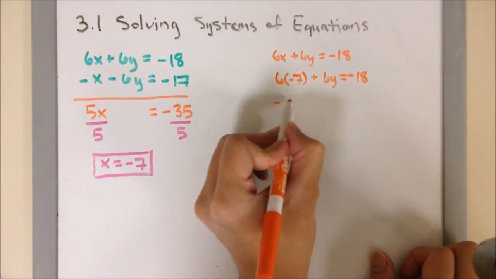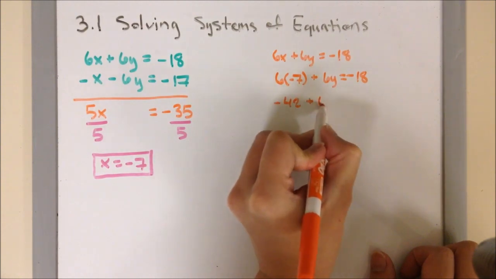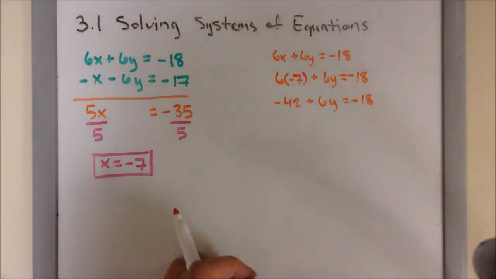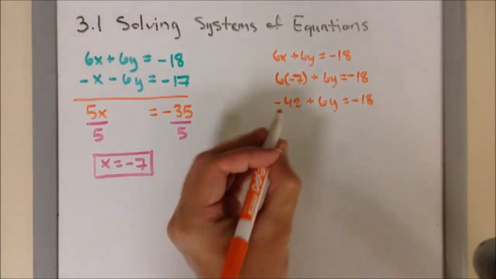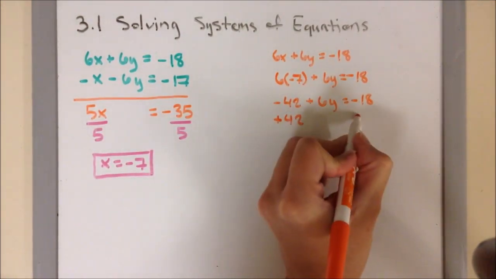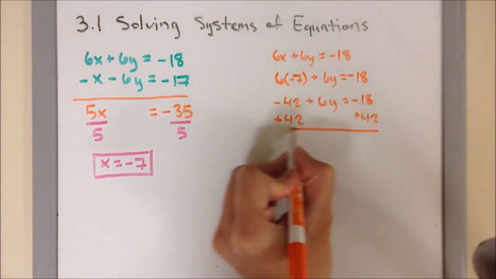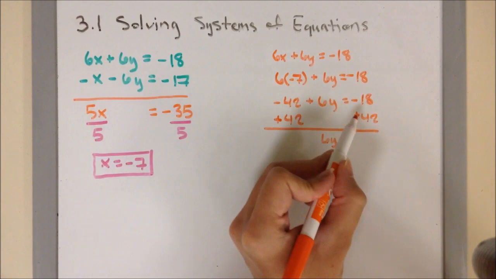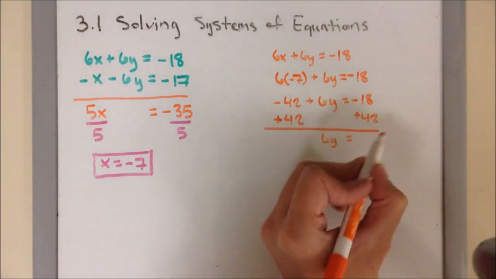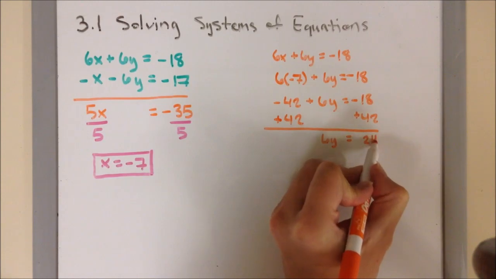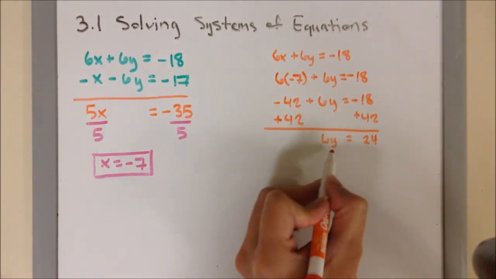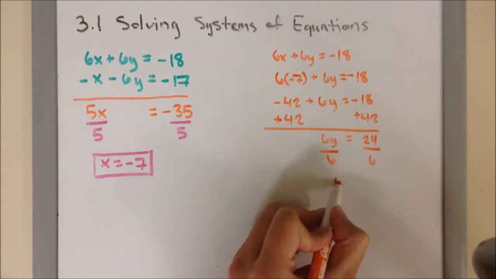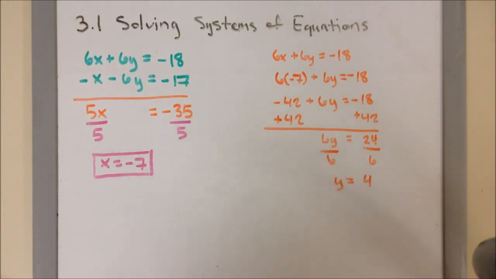This would become negative 42, so plus 6y equals negative 18. Now just to get 6y by itself, I'm going to add 42 on both sides. Plus 42, plus 42. So this will cancel. 6y equals negative 18 plus 42, well, that's going to be positive 24. And in order to solve for y, I'm going to divide by 6, divide by 6. So y will be equal to positive 4.